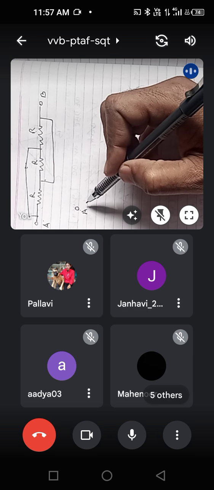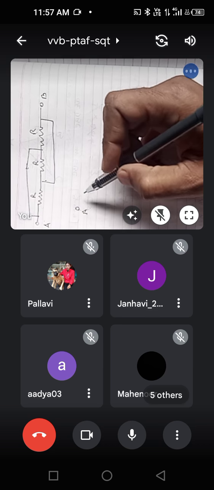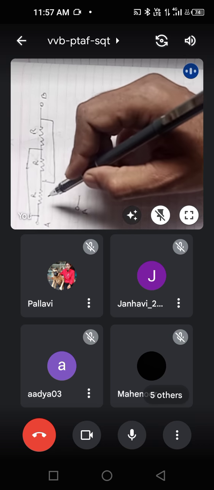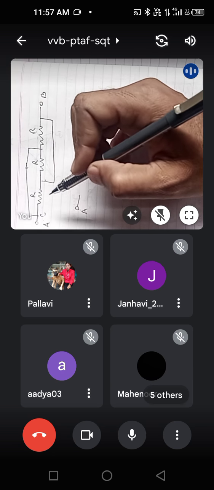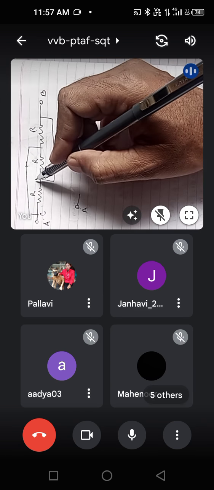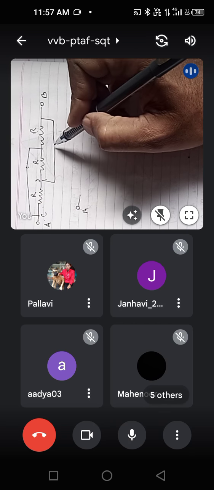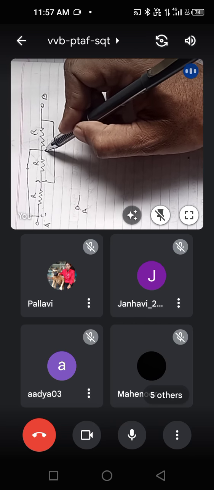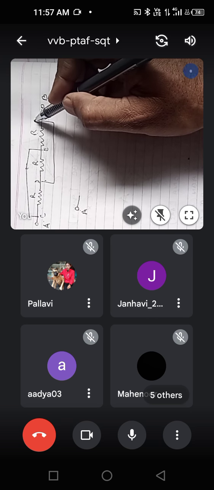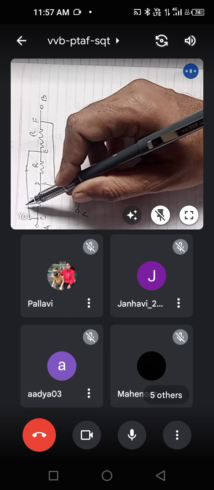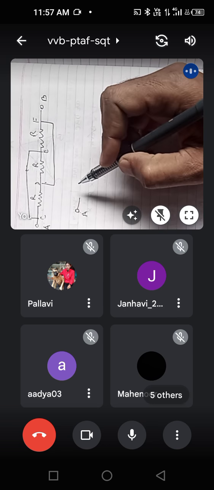First you start from A, then you see there's a junction right over here. You take this junction as C, this junction as D, this junction as E, and this junction as F, right? You start from A, you go to C, and then you move to E.